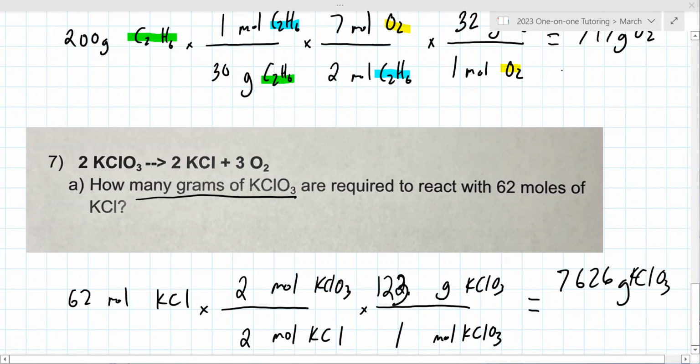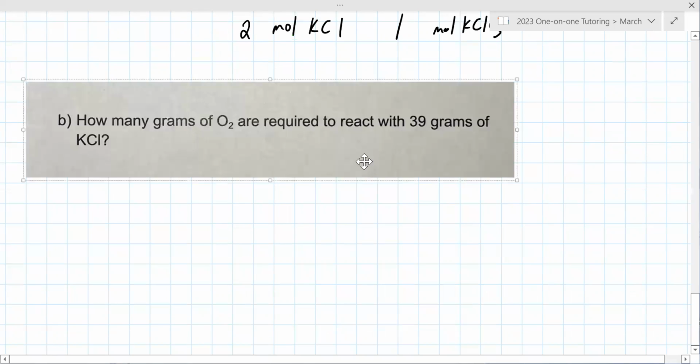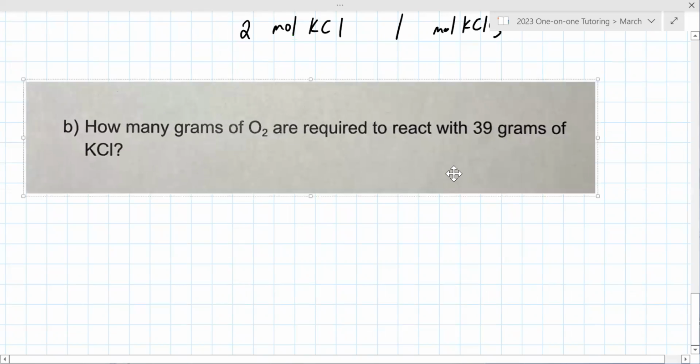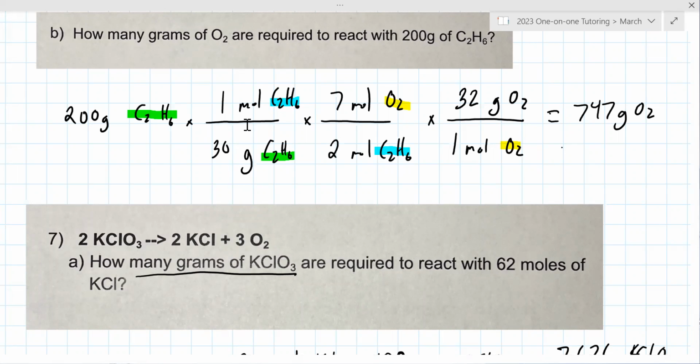So 1 mole C2H6 above 30 grams of C2H6 is getting us to where we're in moles. That's right.